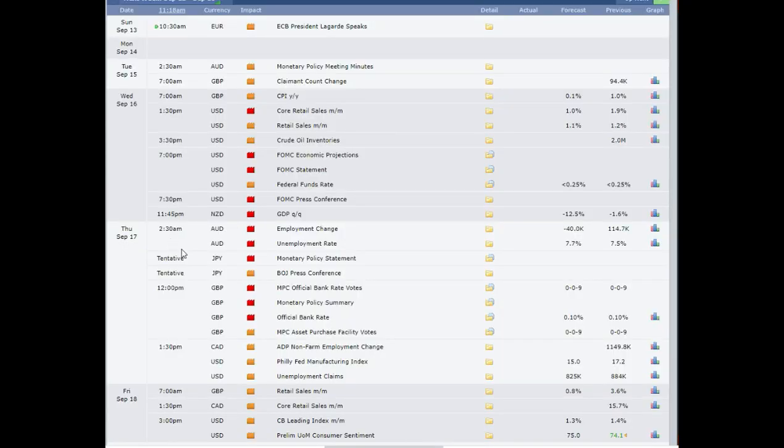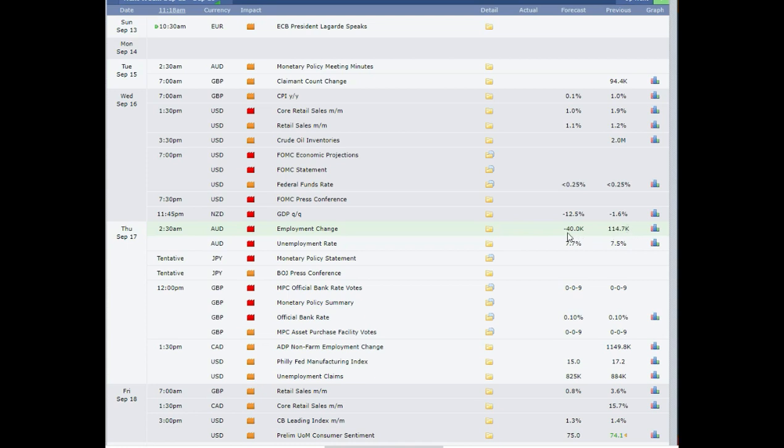Then the next day, early morning, that is on Thursday the 17th of September at 2:30 a.m. London time, you have the Australian employment change. Now what is expected is minus 40k as against 114.7k previous one.